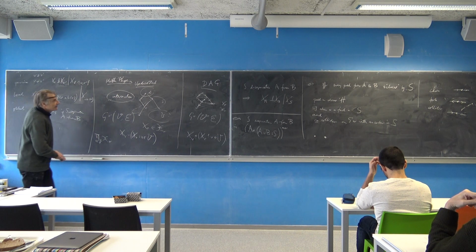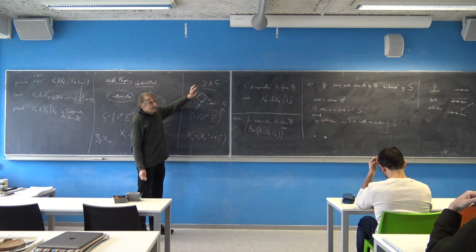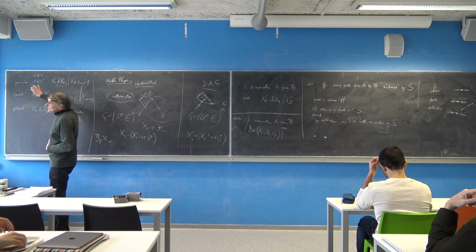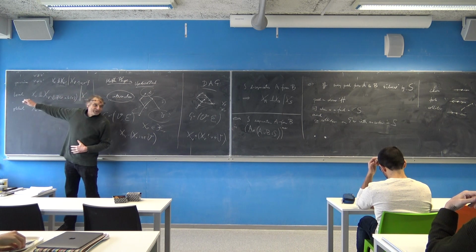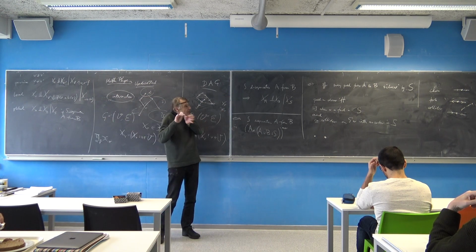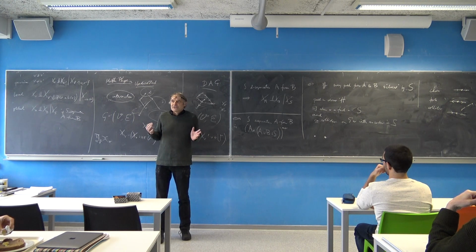Okay, now I'm not going to do it now, but for directed acyclic graphs, there is also a directed pairwise property and a directed local property, and the D separation is the directed local property, and they also turn out to be equivalent.